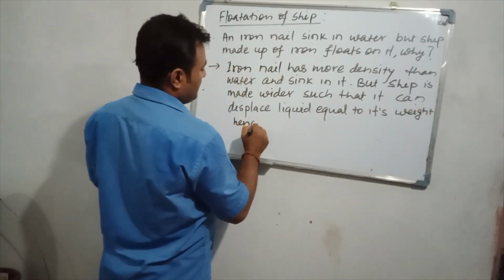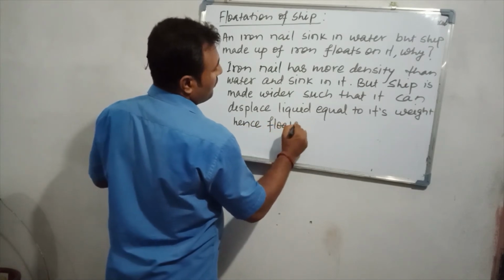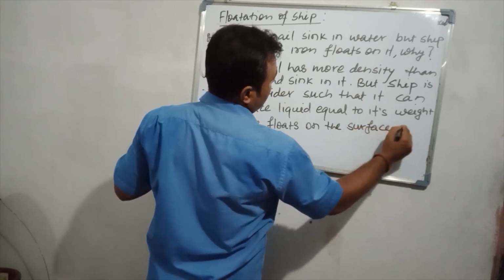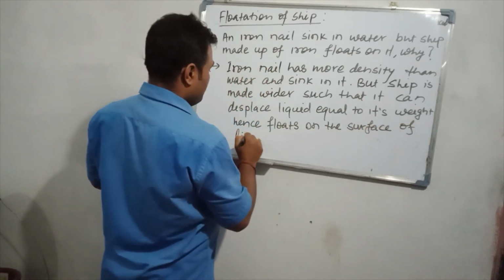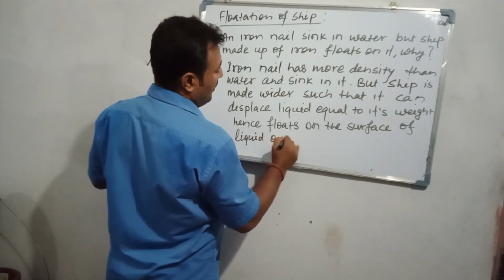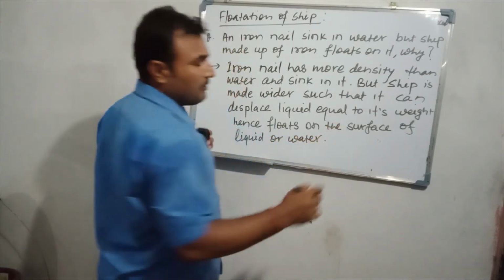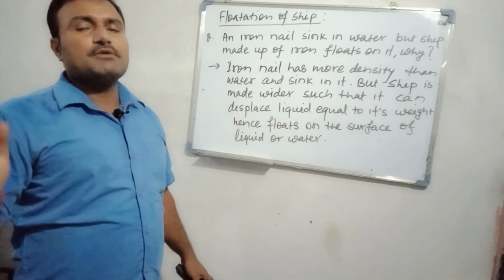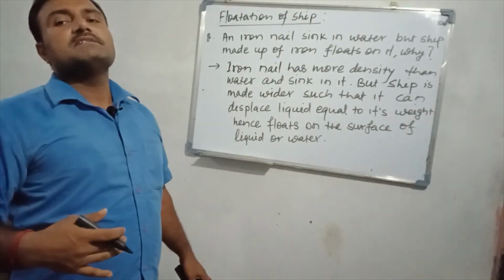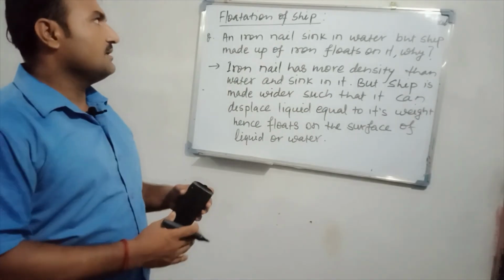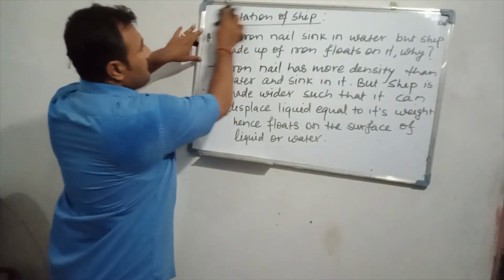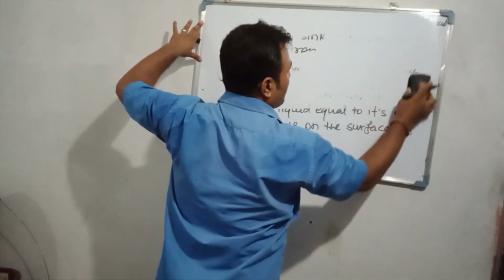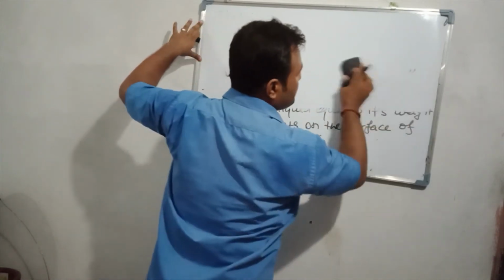Hence it floats on the surface of liquid or water. Therefore, when any object has more surface area such that it can displace liquid equal to its weight, on that condition it floats on the surface. One of the instruments constructed on the basis of the law of flotation is the hydrometer.